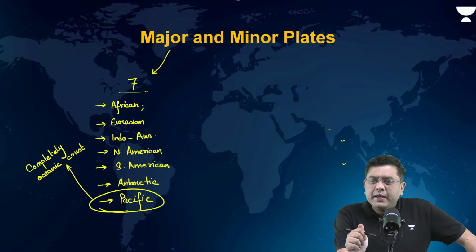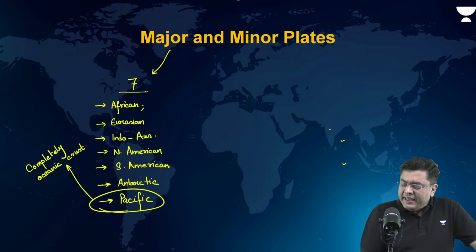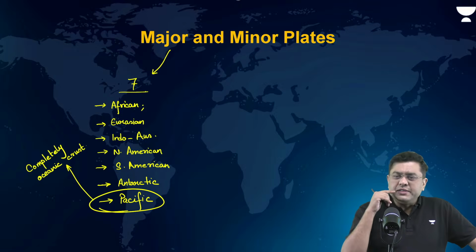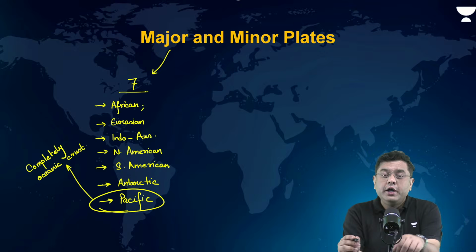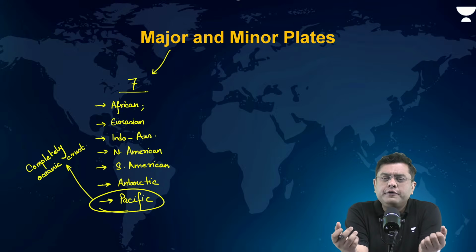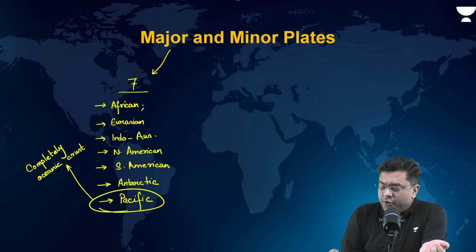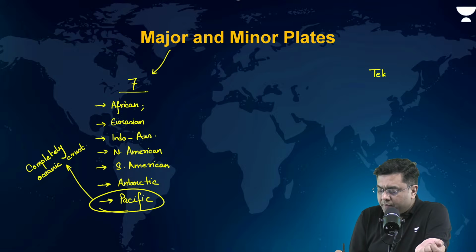Okay? Now, Wilson basically gave the name, again, beyond the NCERT, I'm just giving you some background information. Tuzo Wilson, who was Canadian, used the term tectonique. Tectonique basically means what?